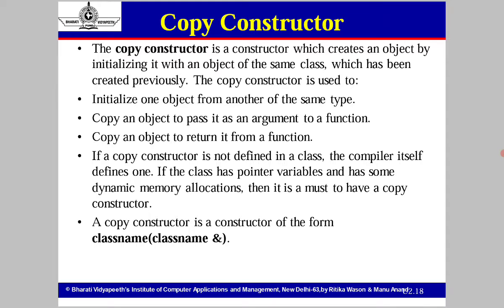The copy constructor is used to initialize one object from another of the same type, copy an object to pass it as an argument to a function, or copy an object to return it from a function. So what is a copy constructor? A copy constructor is a constructor of the form ClassName(ClassName &). It creates an object by initializing it with an object of the same class only.